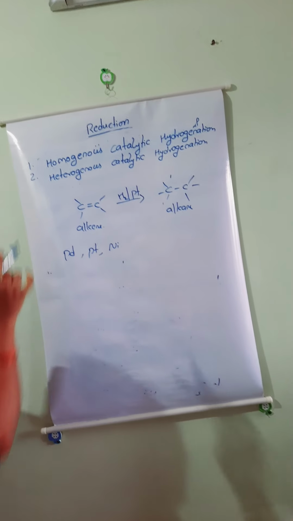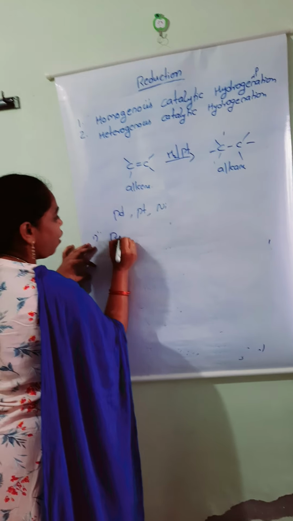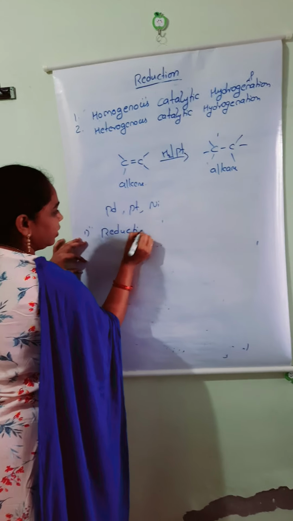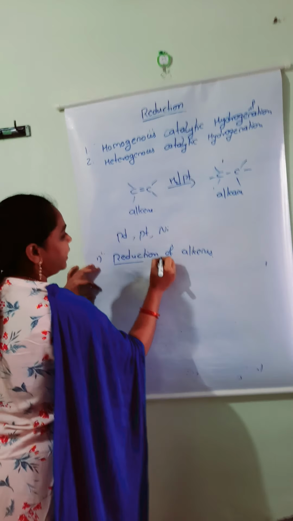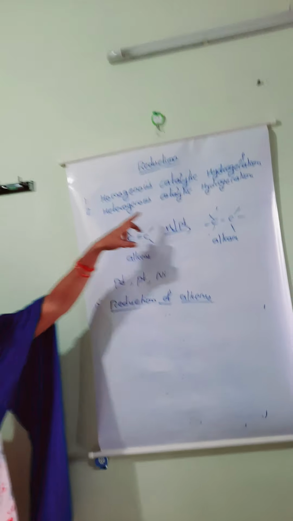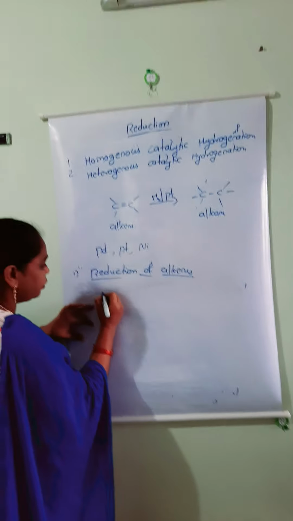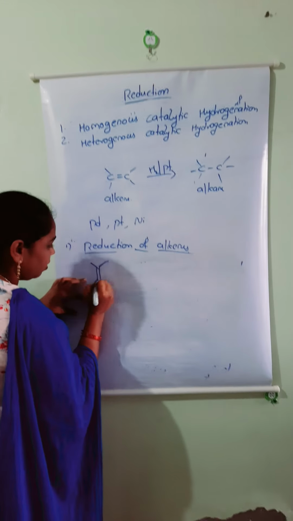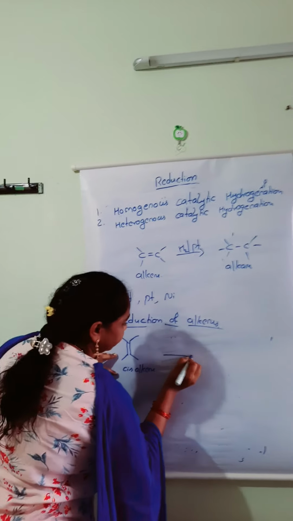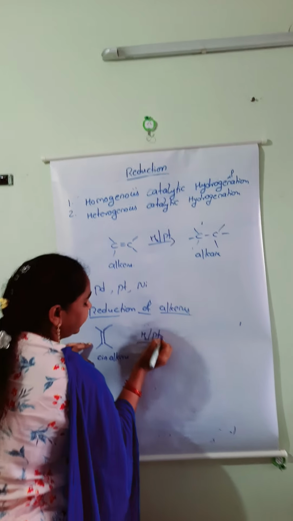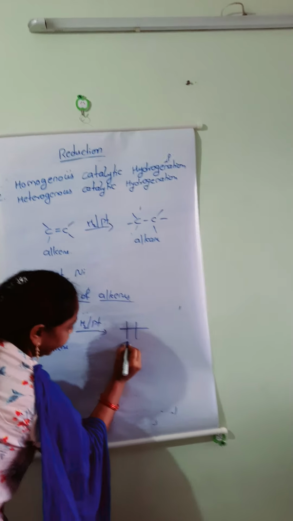Then, as an example of heterogeneous catalytic hydrogenation, we look at the reduction of alkenes. We take an alkene and use platinum, and we get the alkane.